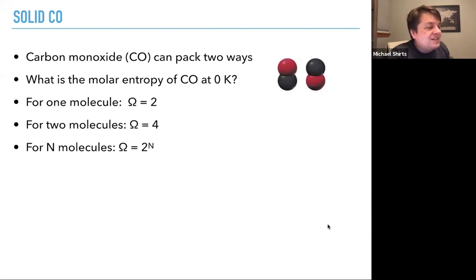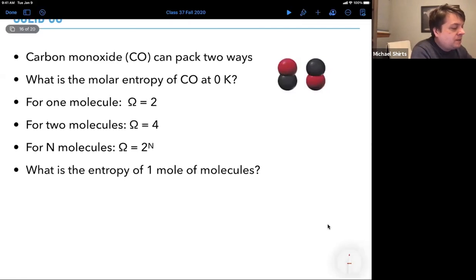So we can plug this in to get the entropy of 1 mole of molecules. We have entropy equals Kb log of 2 to the n. And now remember, a logarithm of something with an exponent, we can just write as Kb times, we'll call this Na, since specifically it's a mole of particles, and Na log of 2, right?